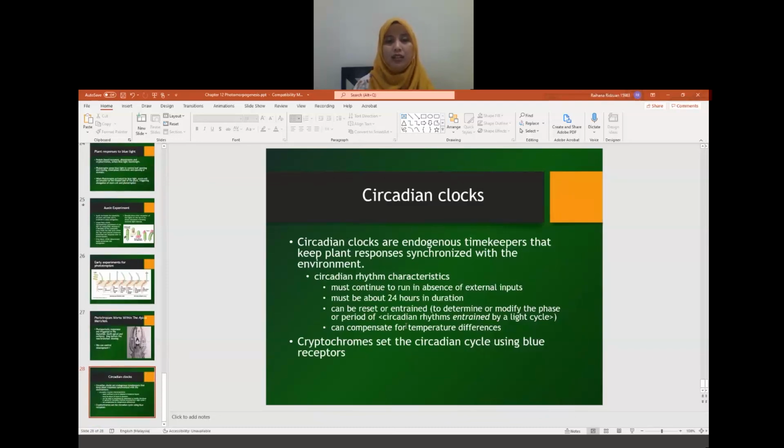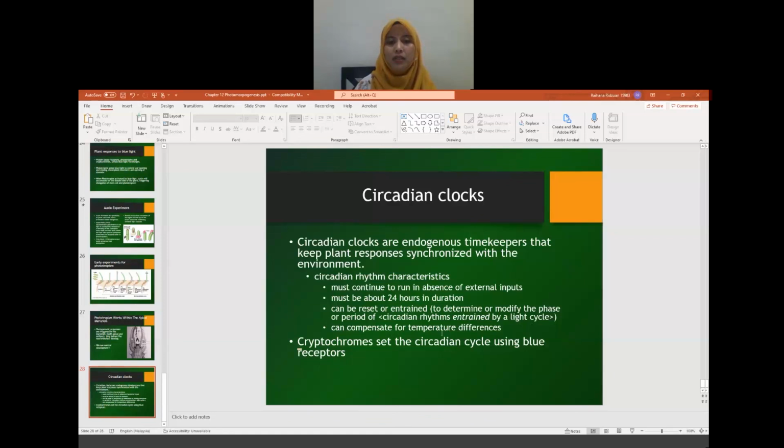The circadian clock is the endogenous timekeeper that keeps plant responses synchronous with the environment. The rhythm of the circadian clock must continue to run in the absence of external input, and it must be 24 hours in duration. It must be reset and entrained, to modify the phase or period of this rhythm by the light cycle.